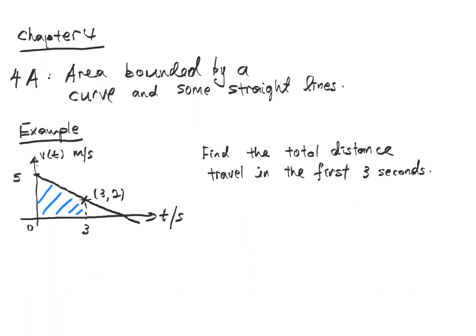Correct? Because I know that velocity is the rate of change of displacement. Am I right? Yeah. So that means the area bounded by this curve represent total displacement. So one thing that I learned from here is what?